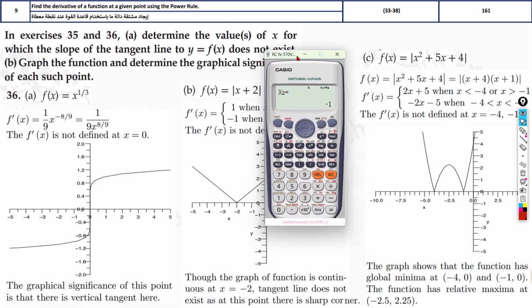You need your calculator for this. Mod of x squared plus 5x plus 4. So, x values. What are the x values? I'll just use this. So, x is equal to minus 1. And let's just quickly check over here. And minus 4. Okay. X is equal to minus 4.